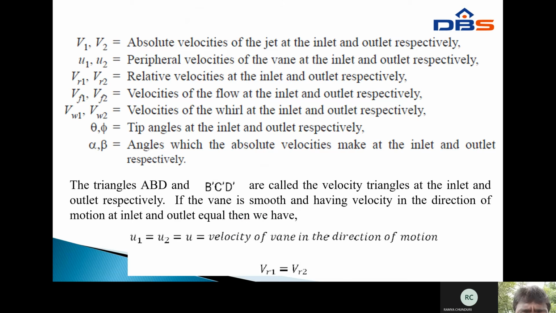The triangles ABD and B dash C dash D dash are called the velocity triangles at the inlet and outlet respectively.